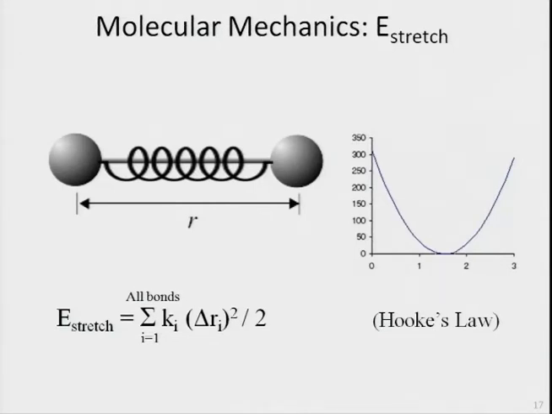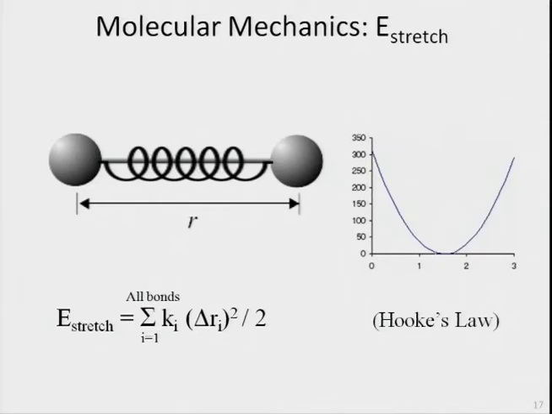So there's an ideal distance whereby if the distance decreases, the energy goes up, and if you increase this distance, energy also goes up. So there's an ideal value here that is the ideal bond length between any 2 atoms, and it varies depending on what the atom type is.